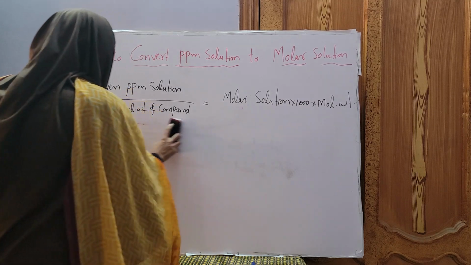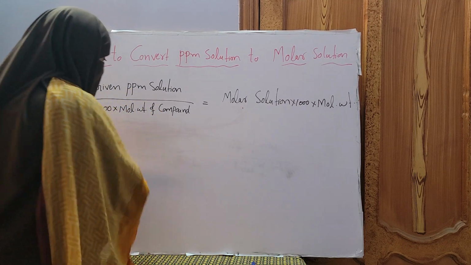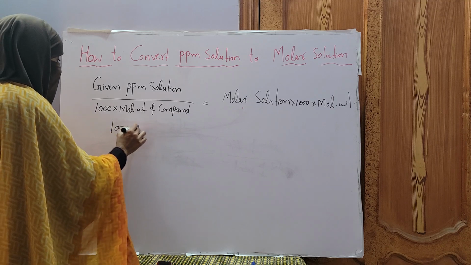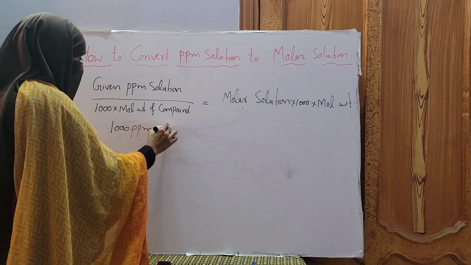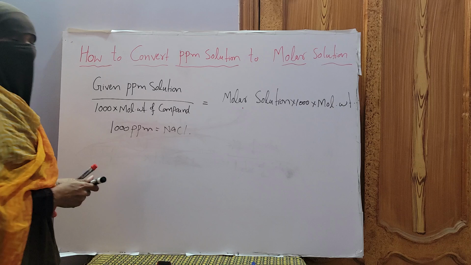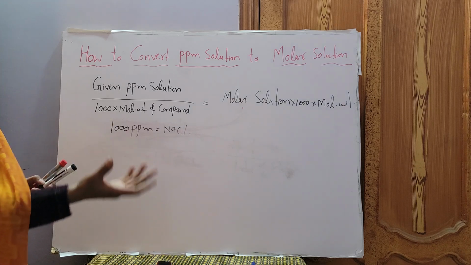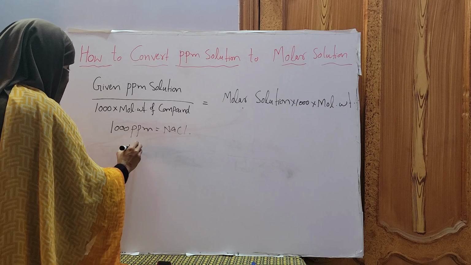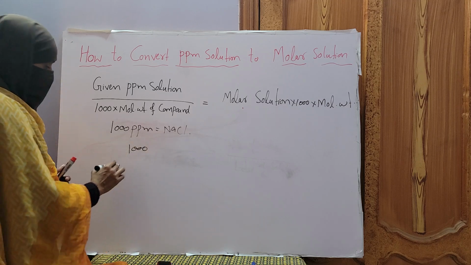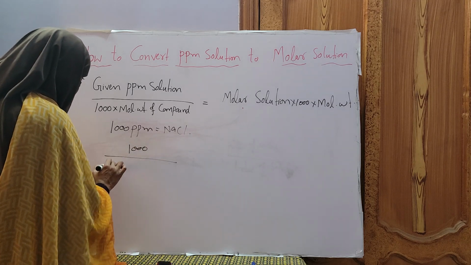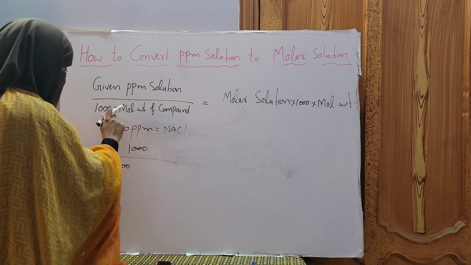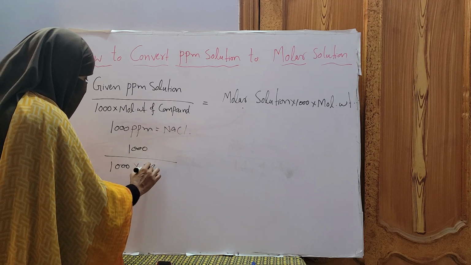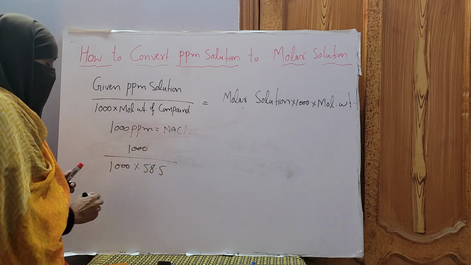Let's apply it on sodium chloride, NaCl. Say we have 1000 ppm of NaCl, sodium chloride solution, and you want to know its molar concentration. Then apply this formula. Given ppm solution is 1000 ppm. Divide it by 1000 to convert it into grams and divide it by the molecular weight of sodium chloride, which is 58.5.